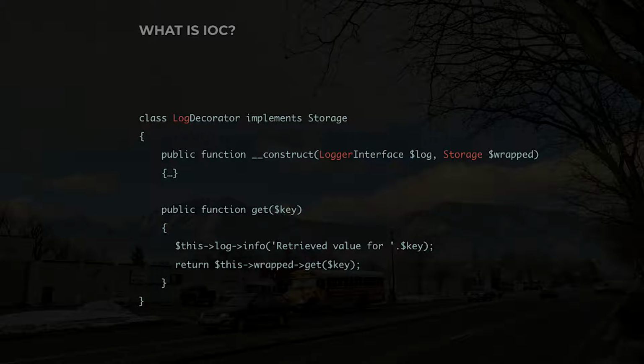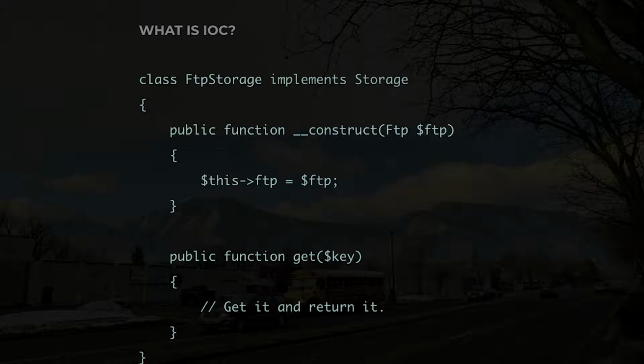Again, single responsibility: just log something to a PSR logger, and then get the content from a wrapped storage file. So the FTP storage class can be refactored, all of these lines that were above this line can go, and we can use decorators to add these features to this storage object.